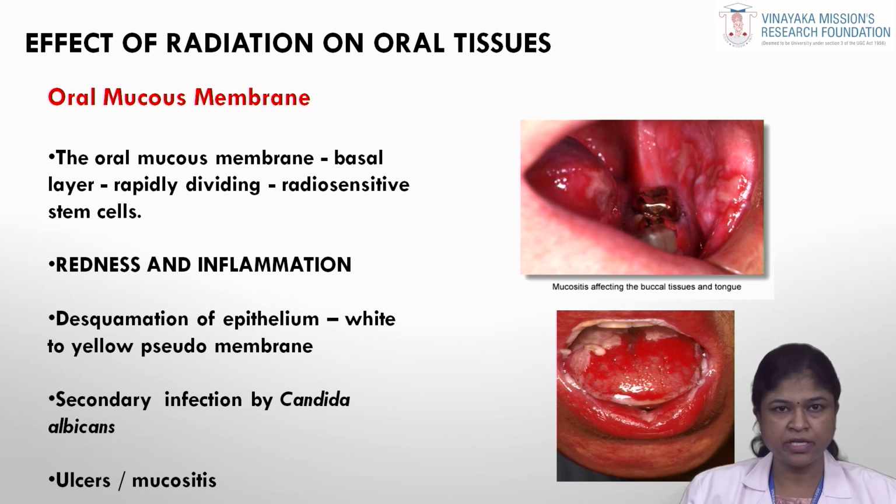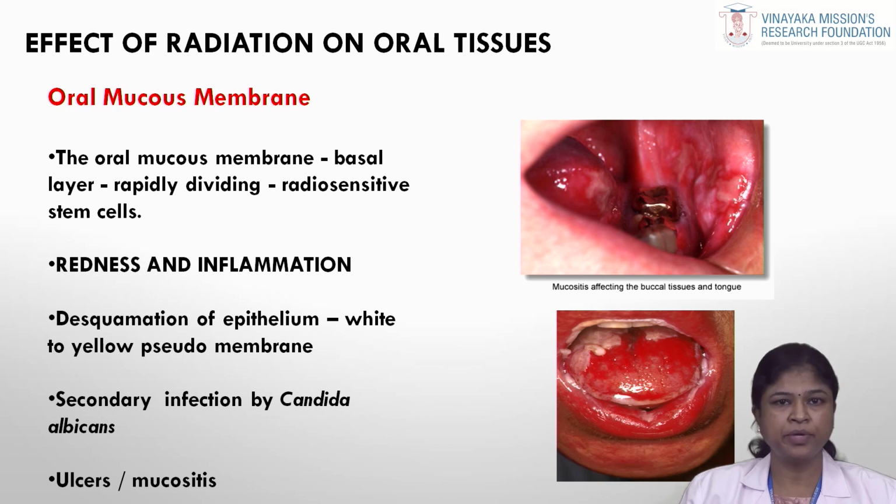As we continue the treatment, with 2 grays of radiation per day and 10 grays in the first week, the irradiated mucous membrane begins to separate from the underlying connective tissue with the formation of a white or yellow pseudomembrane, which leads to desquamation of the epithelial cells.